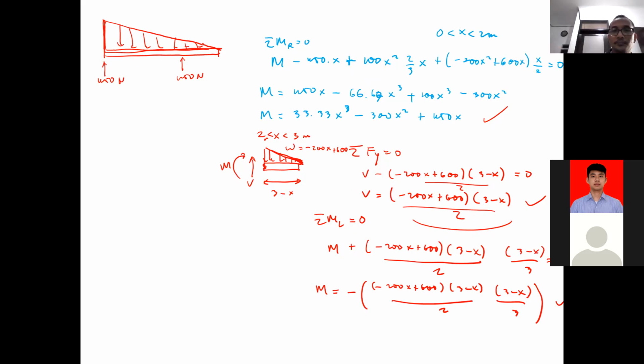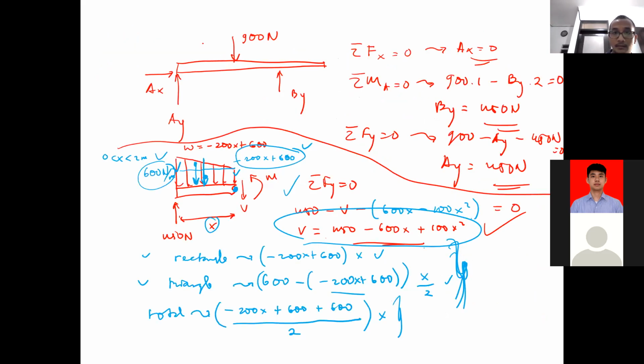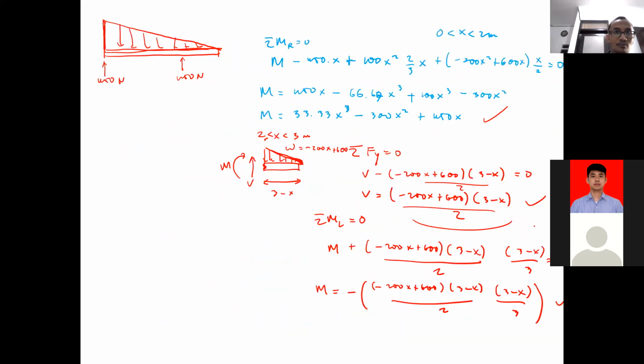So for example, for the shear force, using this equation, you can take 3 samples: x equal to 0, x equal to 1 meter, and x equal to 2 meters. You have to take samples at both ends of the first equation. So the first equation is for this one, right? This is the first equation, and this is the second equation.